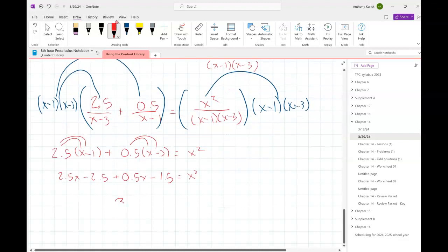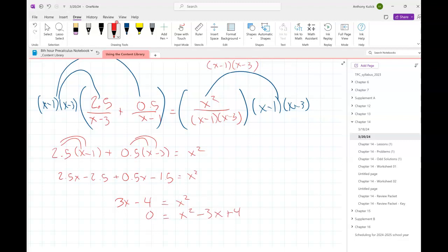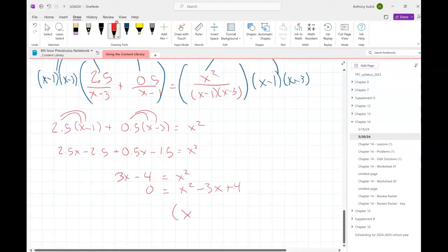Let's combine our like terms. So I have 3x minus 4. Move it all onto one side. I'm going to elect to move it all onto the right side so that the coefficient on x squared remains 1 instead of negative 1, because it makes the factoring easier. So multiplies to give me positive 4, adds to give me negative 3.